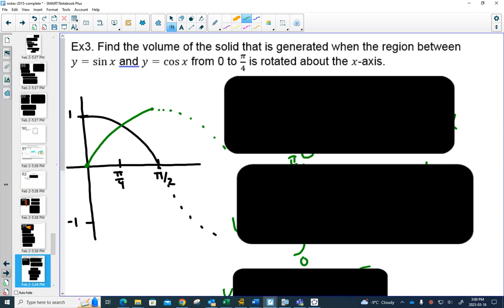So now we are going to take the sine graph and flip it over. Our cos graph and flip it over.